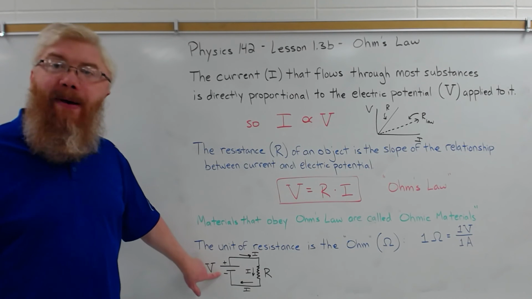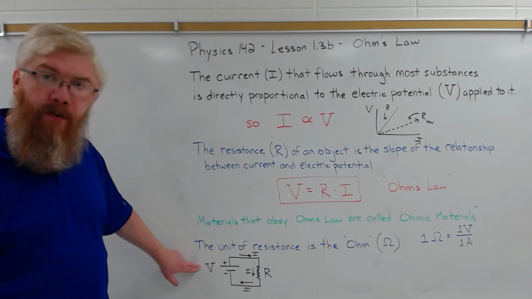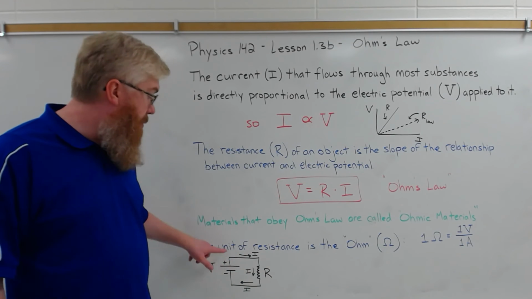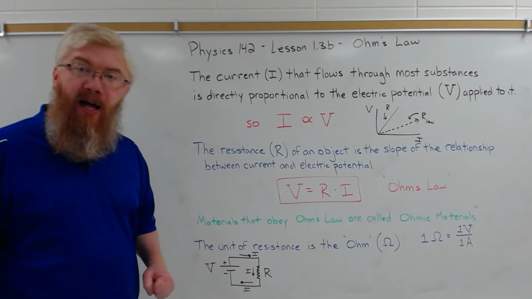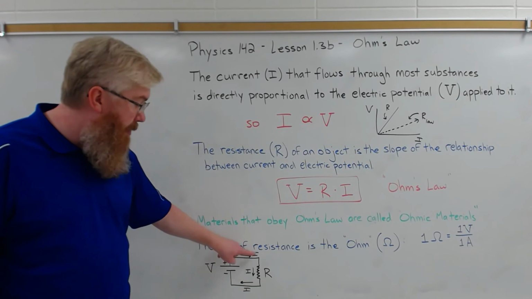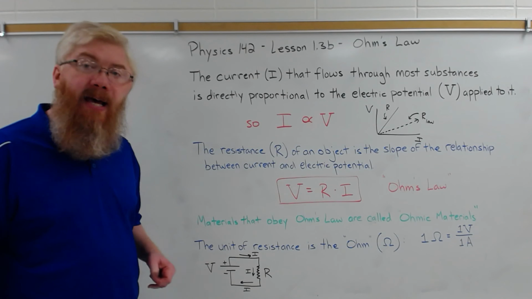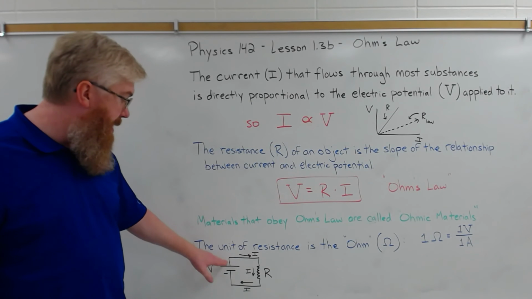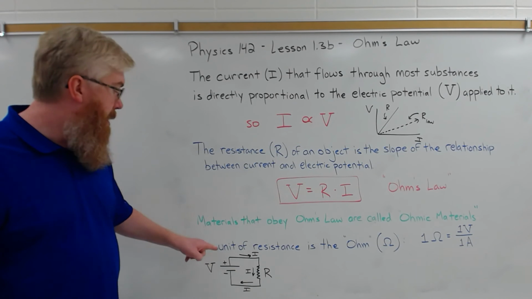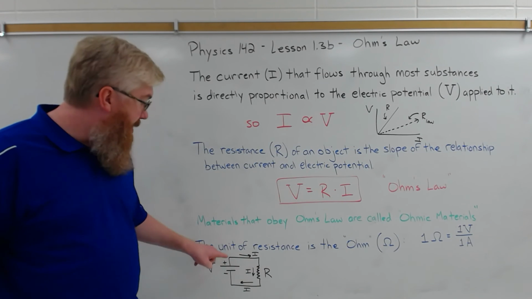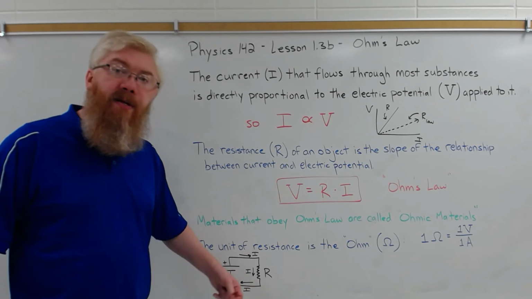When I hook it up to a battery of a given potential, current flows through this completed circuit. In this case it flows clockwise, from the positive terminal of the battery through the resistor back to the negative terminal of the battery. So from high potential through the resistor to low potential. So current flows clockwise. The same current has to flow through this whole circuit.